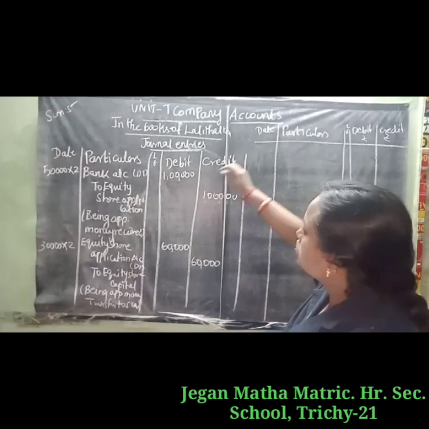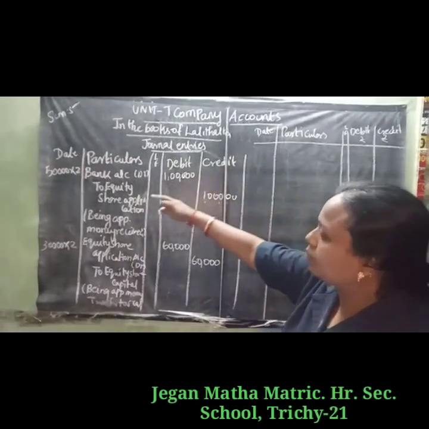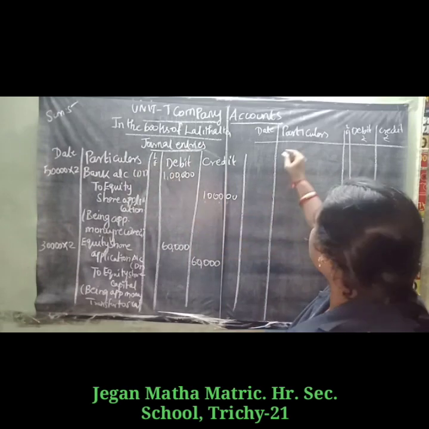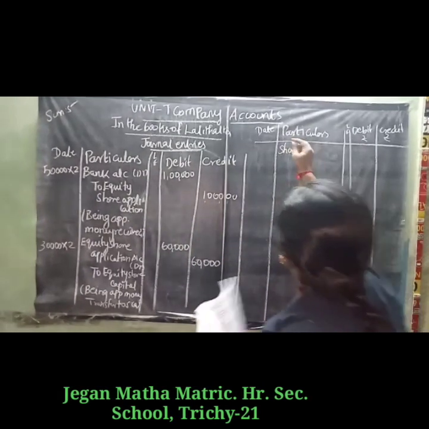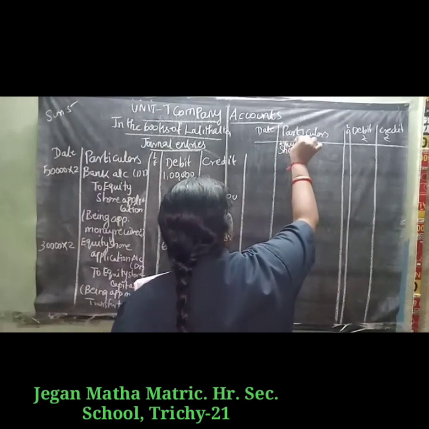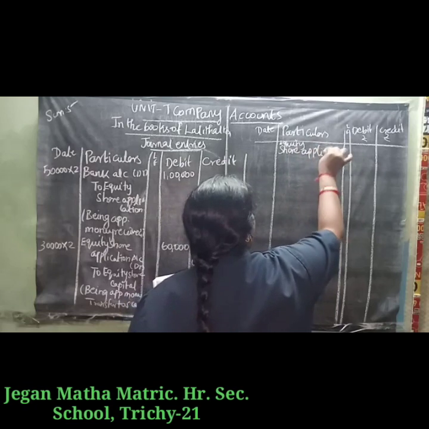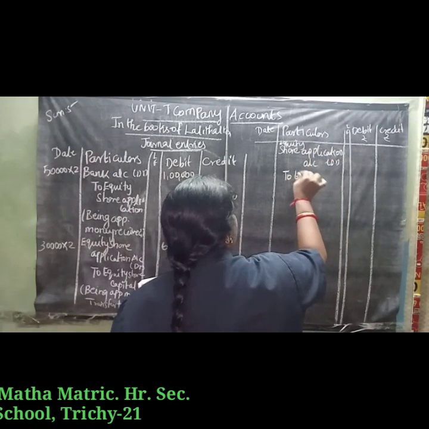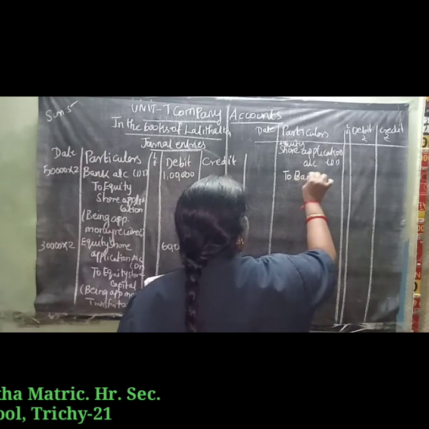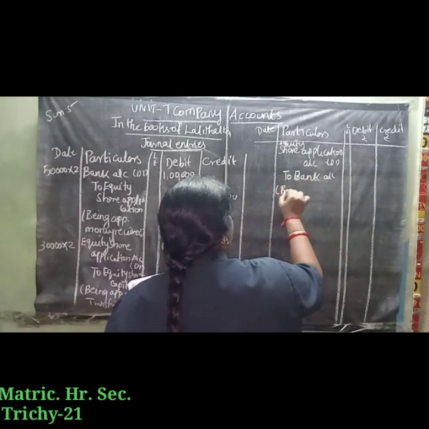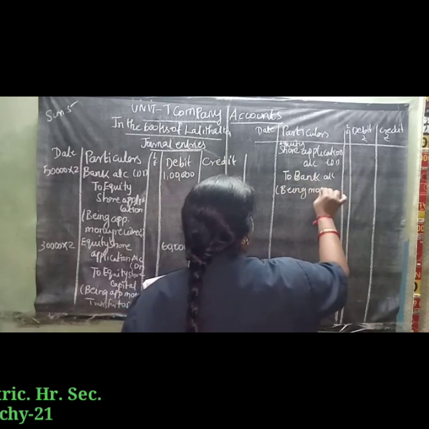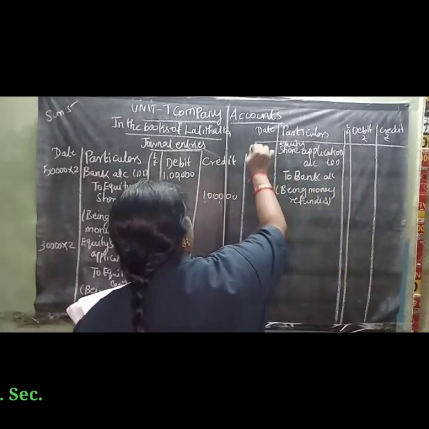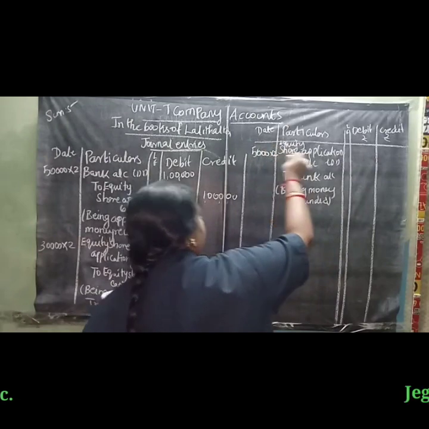So the first entry reversed: the application money received was bank account to share application, so refund means equity share application account debit to bank account, being money refunded. 5,000 shares into 2 rupees, 10,000.